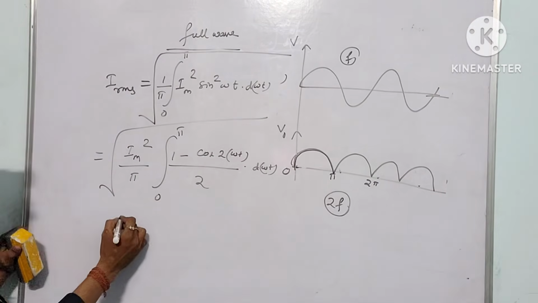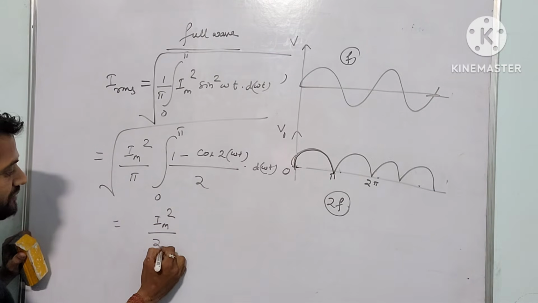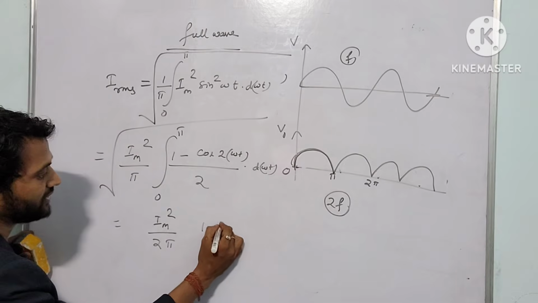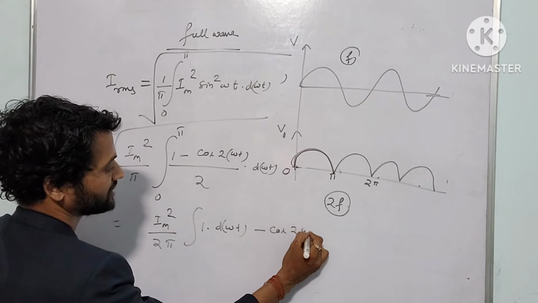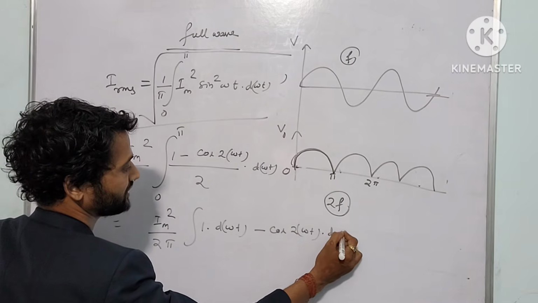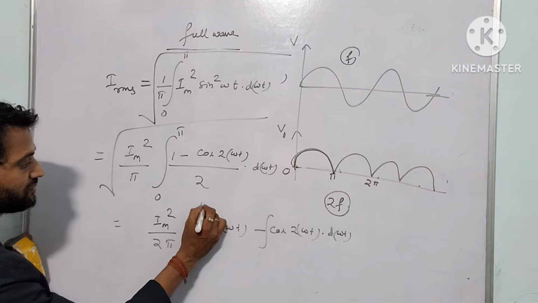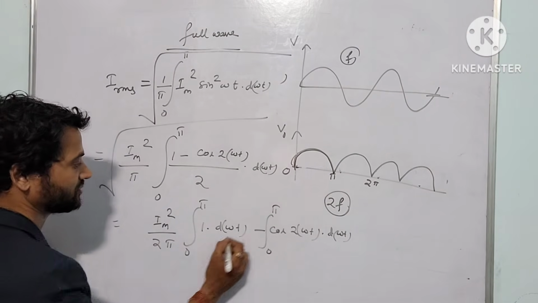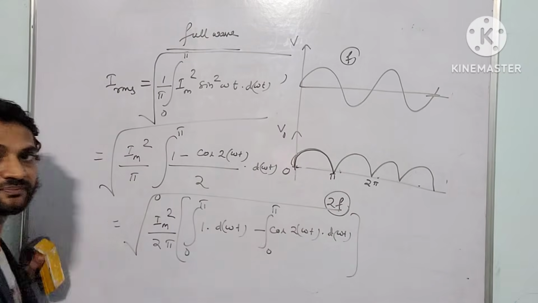It is clear? So the 2 comes to the front, so it will be Im square by 2 pi, okay. So the integration of 1 into d omega t, minus the integration of cos 2 omega t into d omega t, from 0 to pi, then total root.